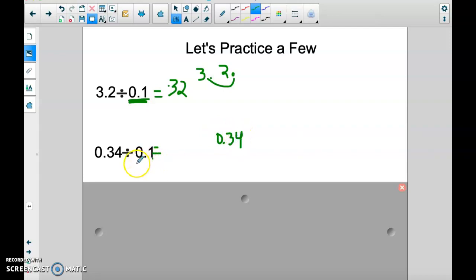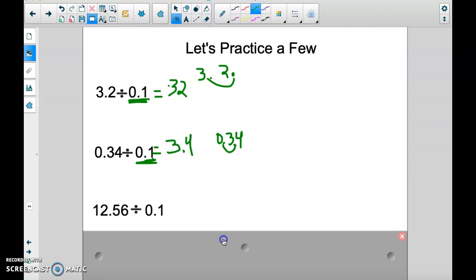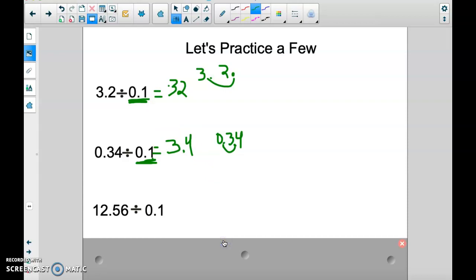So again, moving up one place value because I'm dividing by a decimal and dividing by a number in the 10ths place. So I come up one place value. I get 3 and 4/10. Now if I have 12 and 56/100 divided by 0 and 1/10, go ahead and solve that.